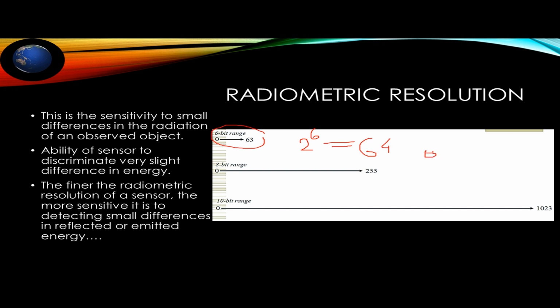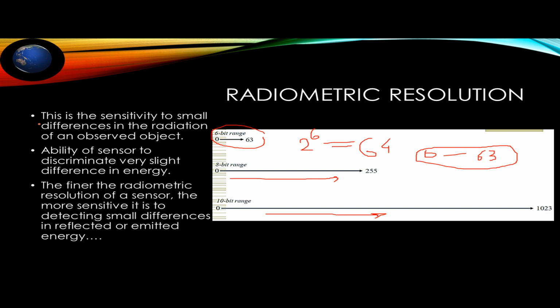So it slices from 0 to 63 of brightness values. As the range increases, the nicer the variation you can see, and the clearer the earth surface feature you can detect. So this is the sensitivity to small differences in the radiation of an observed object.